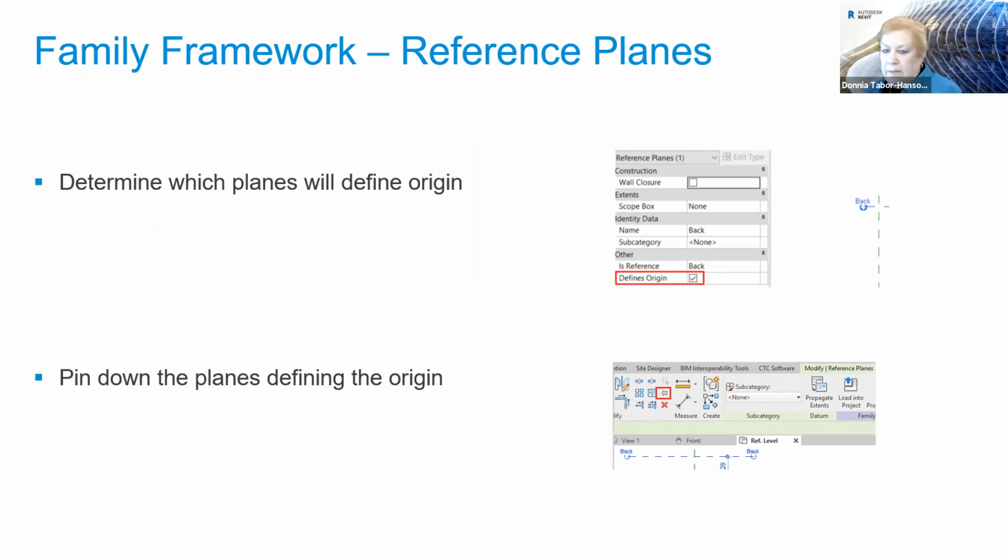So we're talking basically about the ones that are in your plan view. So you always want to pin down just the ones that are being used for your insertion point, your origin, and to help all of your dimensions grow from that one plane. And be sure to unpin all the others. Yes, unpin the others.